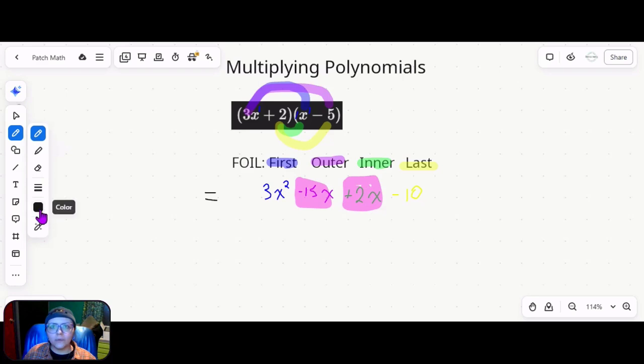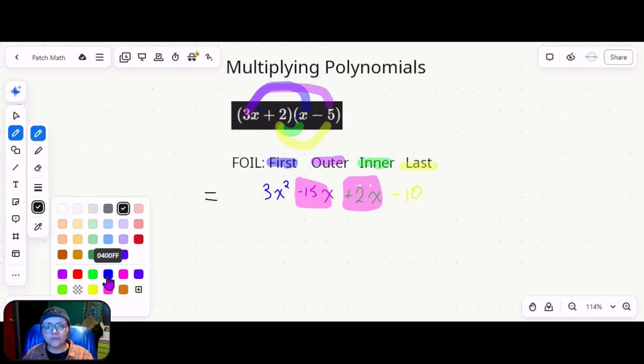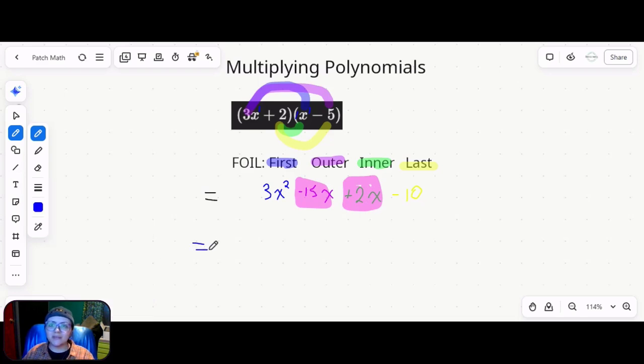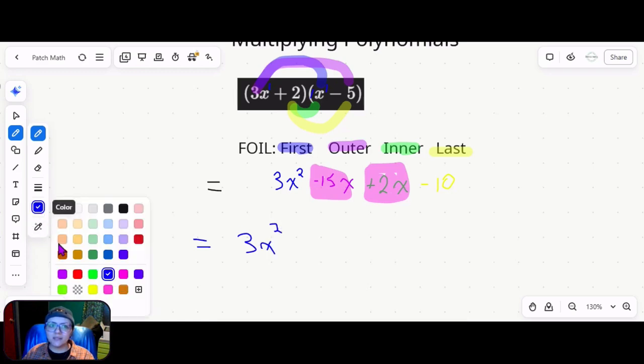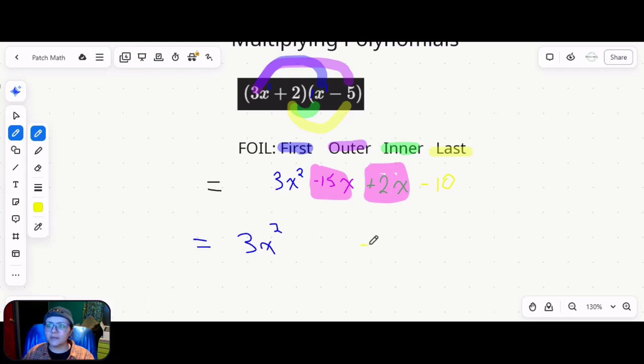There are no other terms that have the same variable with the exact same exponent, or are both constants, or more than one constant. In this case, the 3x squared does not combine with anything, and it just gets written down. As does the negative 10. Some people like to just bring that on down.